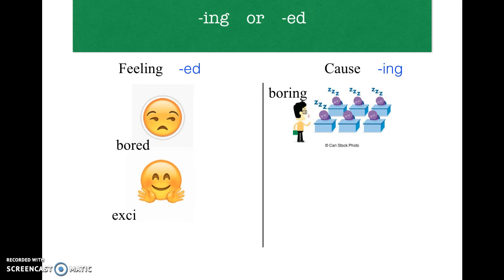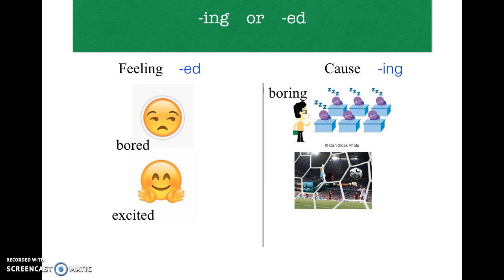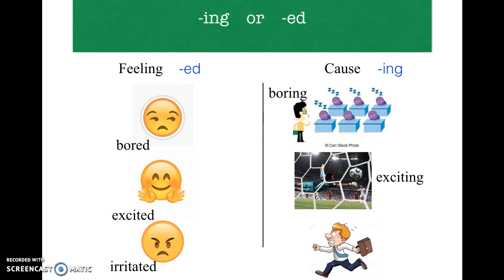In the same way, this person's feeling excited, but the game is exciting. Okay, so the cause of the feeling is the game. This person is irritated, and it's because their friend is always late, which is irritating. Okay, so cause ING, feeling ED. Very important to keep that in mind.